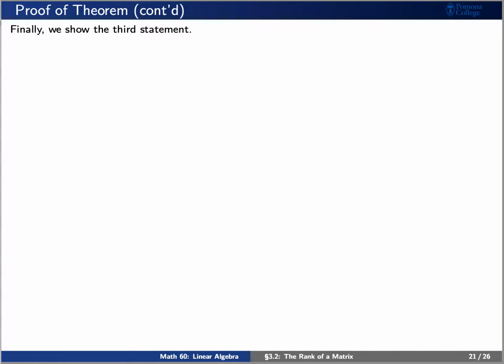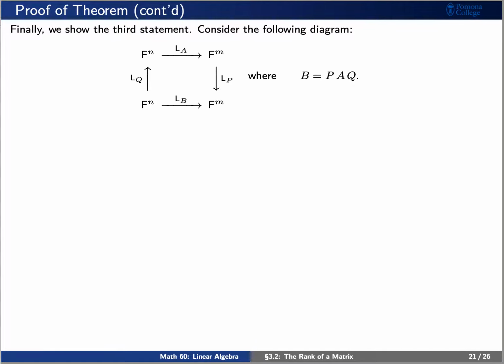Let's show the third statement. We're going to consider a slightly different diagram from the one we had before. Here, the intuition is to write a matrix B, which is P times A times Q. We can either write B as coming from this left multiplication map that you see at the very bottom, L sub B, or we can travel starting at the lower left, go up to the upper left, go over to the upper right, and then go down to the lower right.